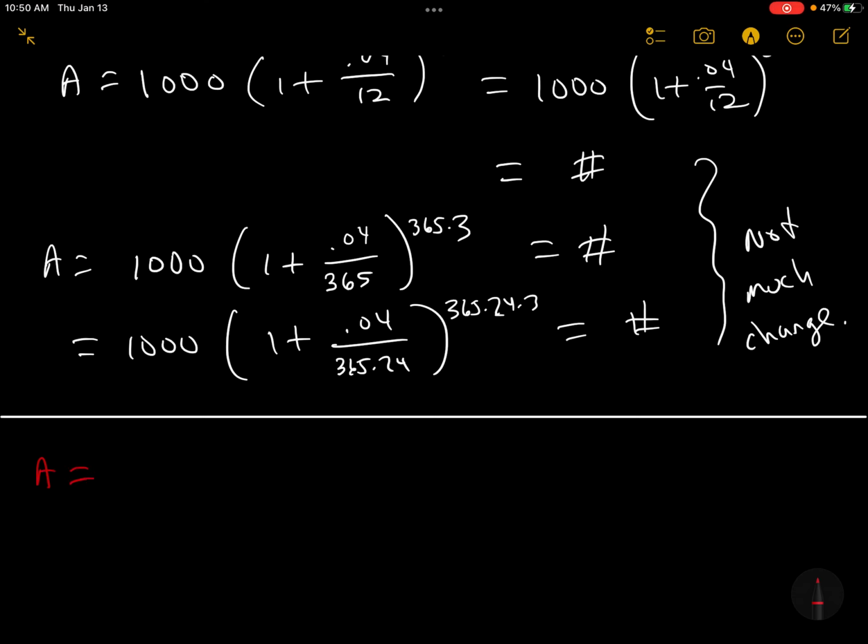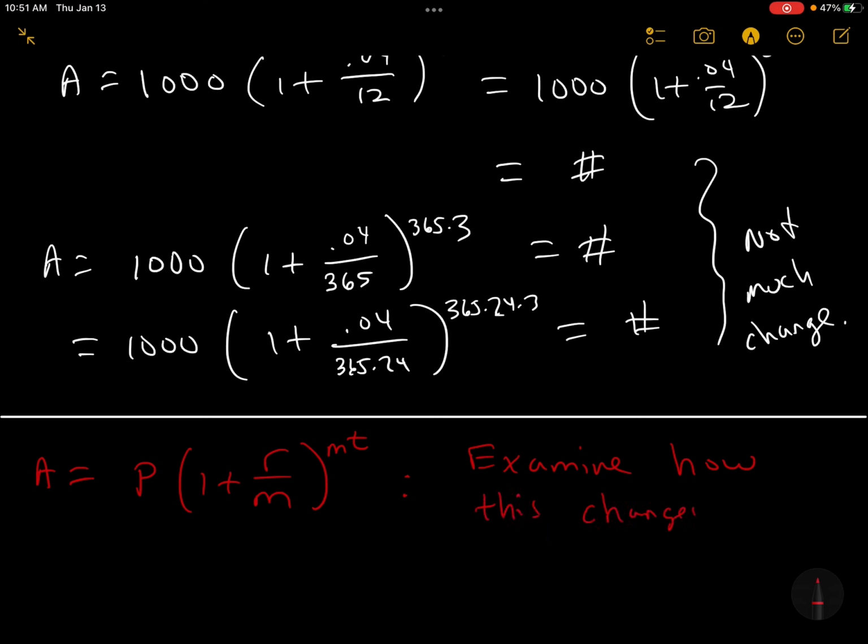So we have this guy, 1 plus r over m to the mt. Now, let's examine how this number changes as m increases, as we increase the number of compounding periods per year.